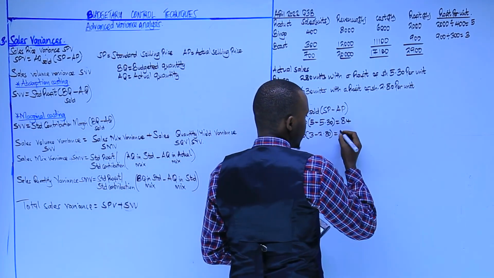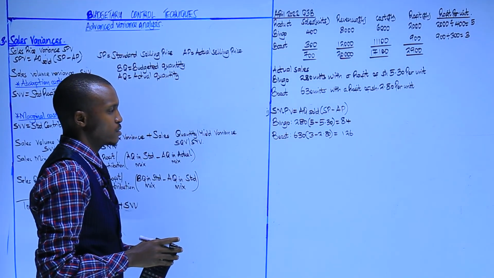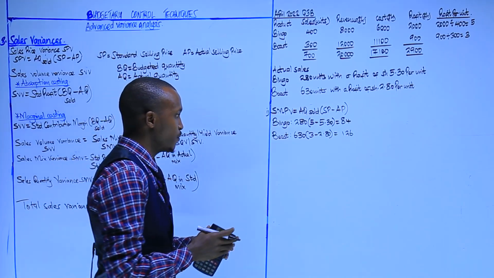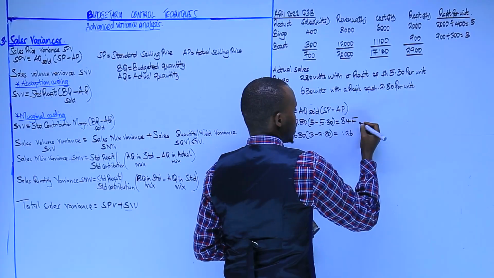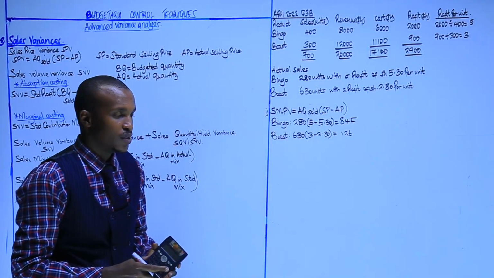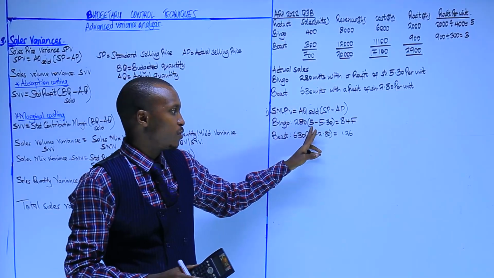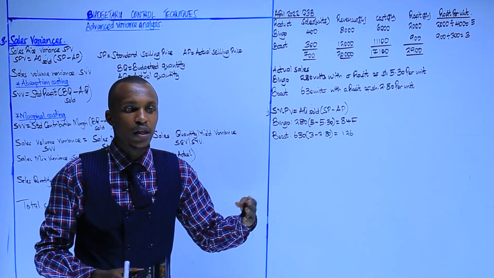Then 630 times the difference for Boost, that is 126. Then we need to analyze whether it is favorable or adverse. This is favorable. Why? It is a profit you're earning. You had budgeted to earn a profit of 5, and you have ended up with a profit of 5.3.